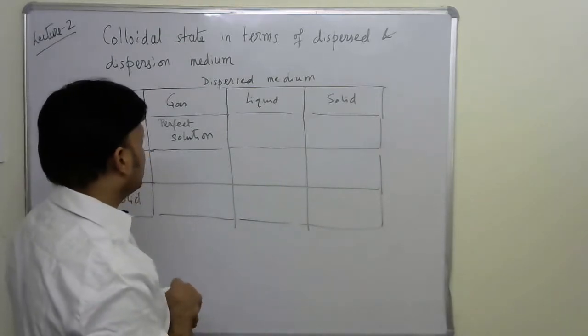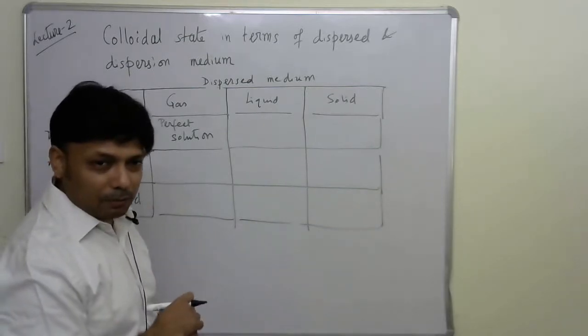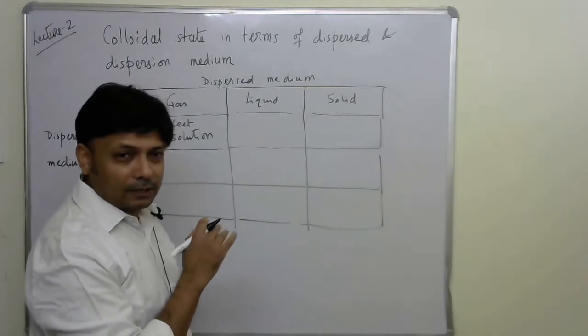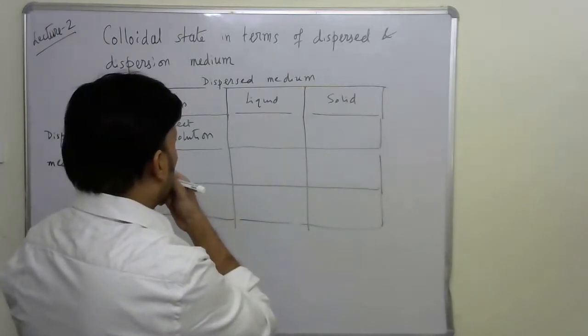Liquid is the dispersed medium and gas is the dispersion medium. That means we can think about liquid droplets in air.